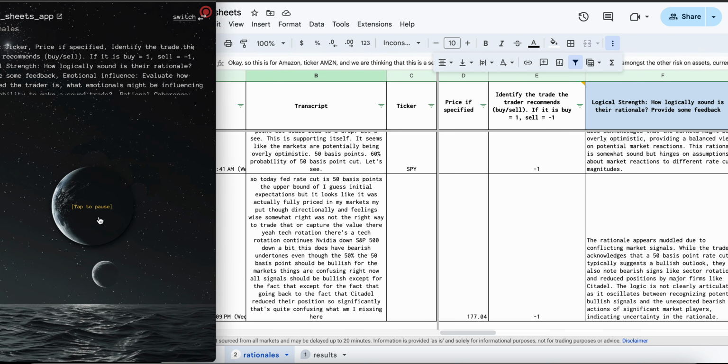Okay, so I am thinking about the S&P 500, ticker SPY. It's currently trading at $570.98. So yeah, yesterday the Fed announced a 50 basis point cut in interest rates.